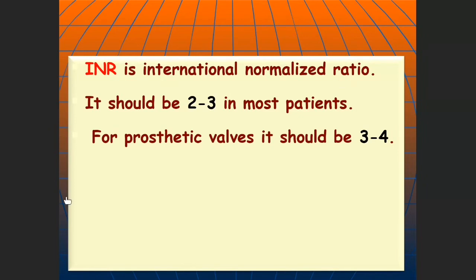This concept was introduced by the Hematology Society to standardize the result of PT of patients taking warfarin, to make it easy for follow-up anywhere in the world. لأنه الرياجنتس اللي بنستعملها for PT عندها different sensitivity.